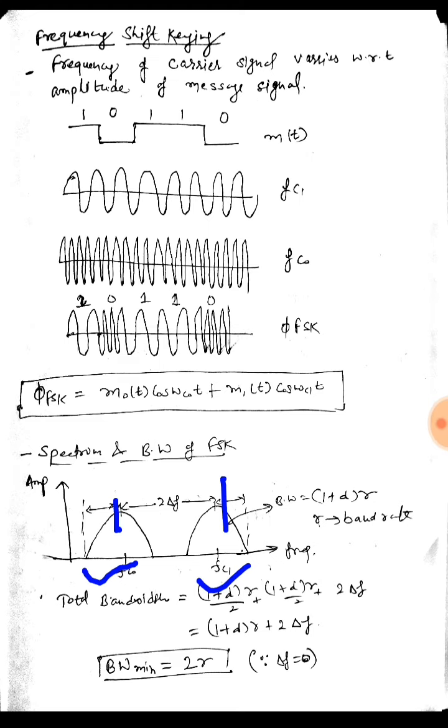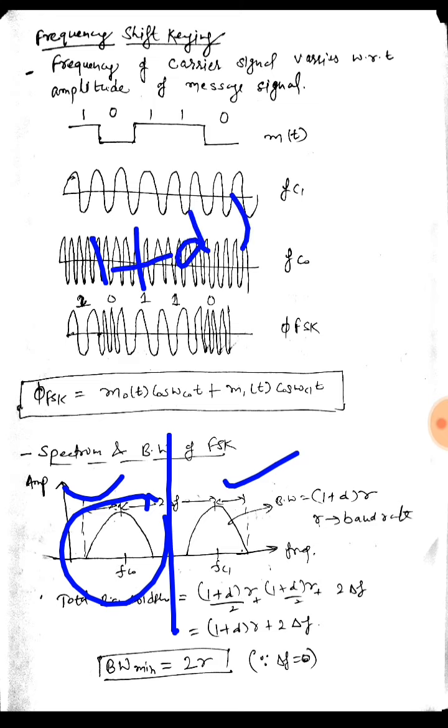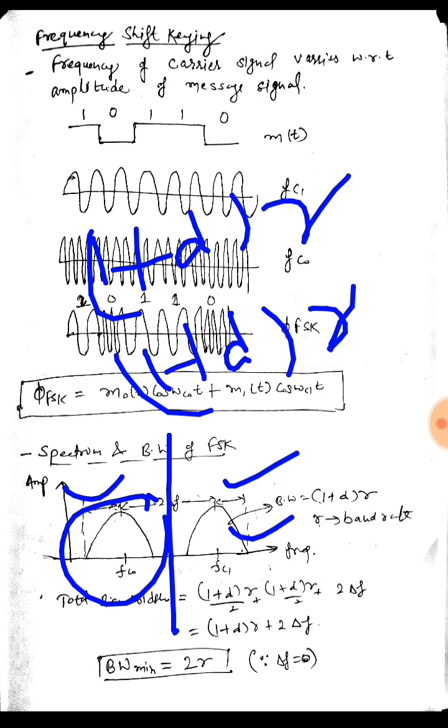Then the bandwidth would be, as the bandwidth for one frequency was (1 plus d) into r, as we have seen in amplitude shift keying, because if we divide these two frequencies apart, this one is a part of amplitude shift keying and this one again is a part of amplitude shift keying. So the total bandwidth of this one part would be (1 plus d) into r. Similarly for this part it would be (1 plus d) into r.